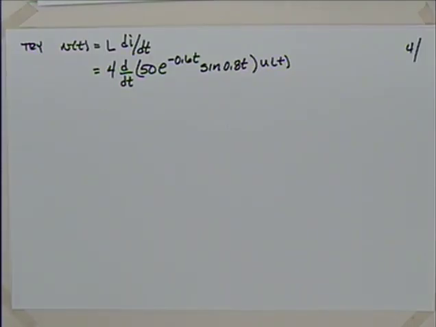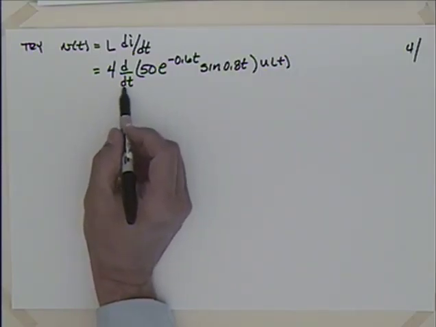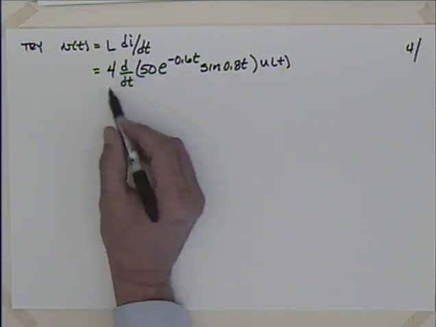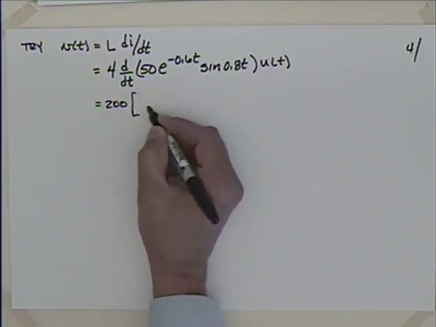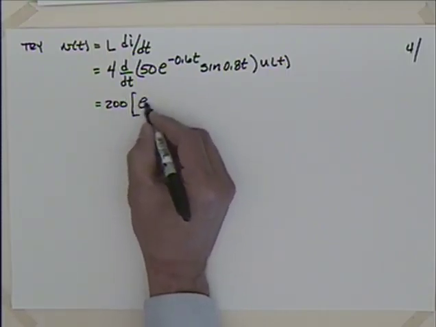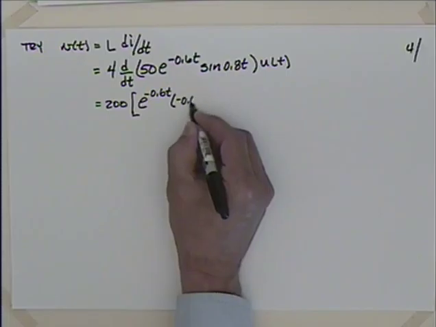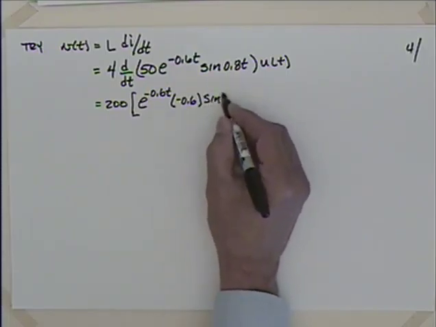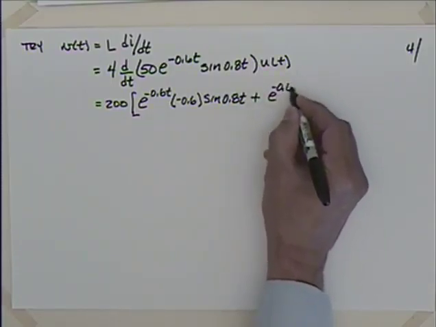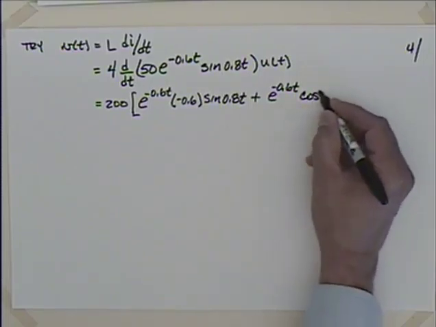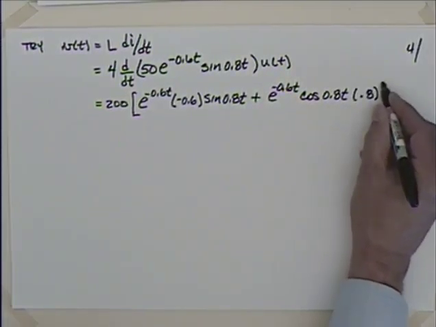Well, let's see. What am I going to have? I've got a 50 in there and a 4, so I have a constant out in front that's 200, and then I really just have the product rule, don't I? e to the minus 0.6t times a minus 0.6 times the sine of 0.8t, and then I have to look at e to the minus 0.6t times the cosine of 0.8t times 0.8.